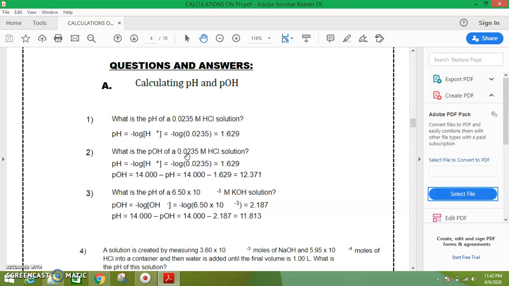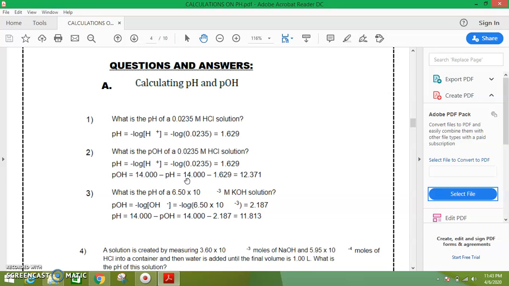Here also the concentration is given to you, meaning hydrogen ion is given to you. First you calculate pH from this calculation and then substitute in the above rule: pH plus pOH is equal to 14. So we know the pH value, substitute here 1.629.